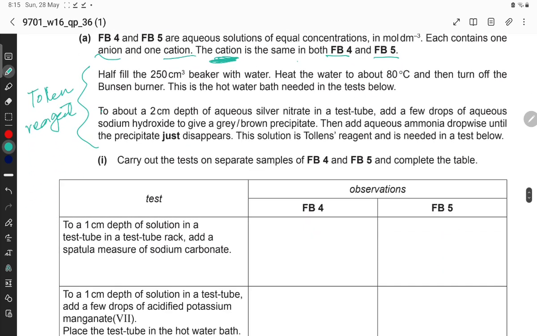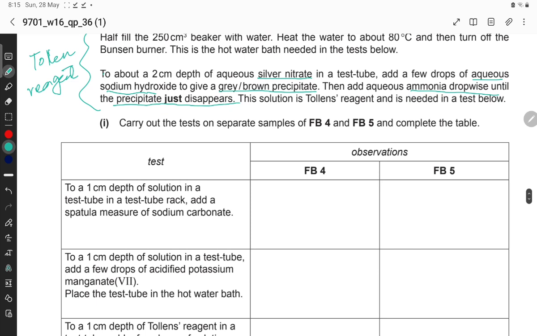To about 2 cm depth of aqueous silver nitrate in a test tube, add a few drops of aqueous sodium hydroxide to give a grey brown precipitate. Then add aqueous ammonia dropwise until the precipitate just disappears. This solution is Tollens reagent and is needed in a test below.